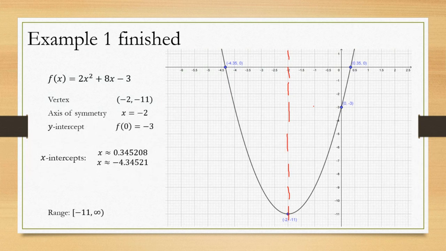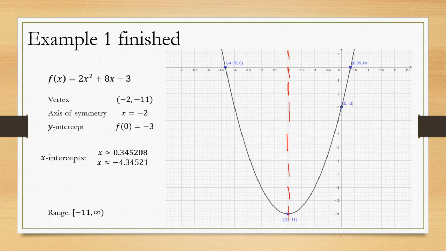So hopefully you can see that's the axis of symmetry, and it appears that the graph is symmetric about this line. Again, that just means if you take the graph and fold it about this line, both halves would line up. And hopefully you can see also the range is from -11 up to infinity.